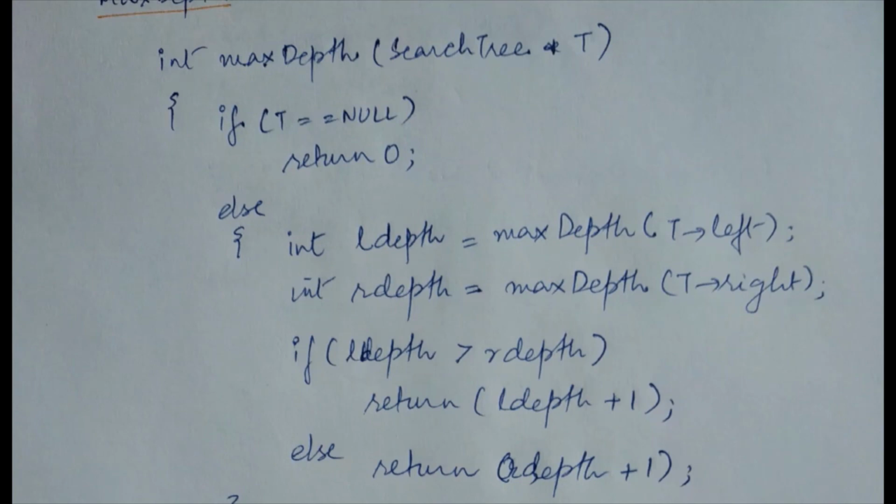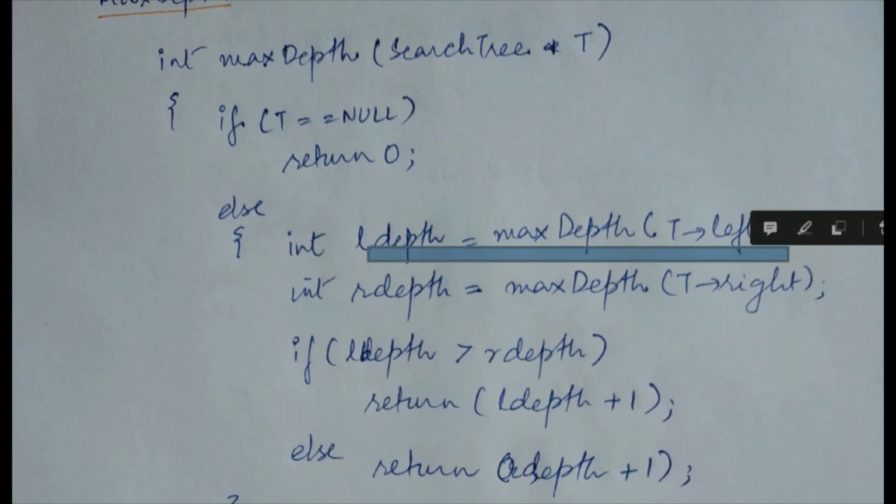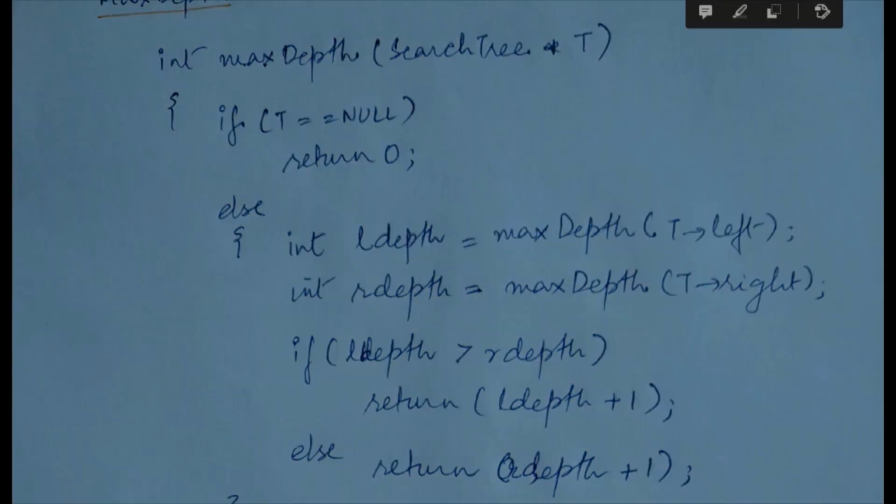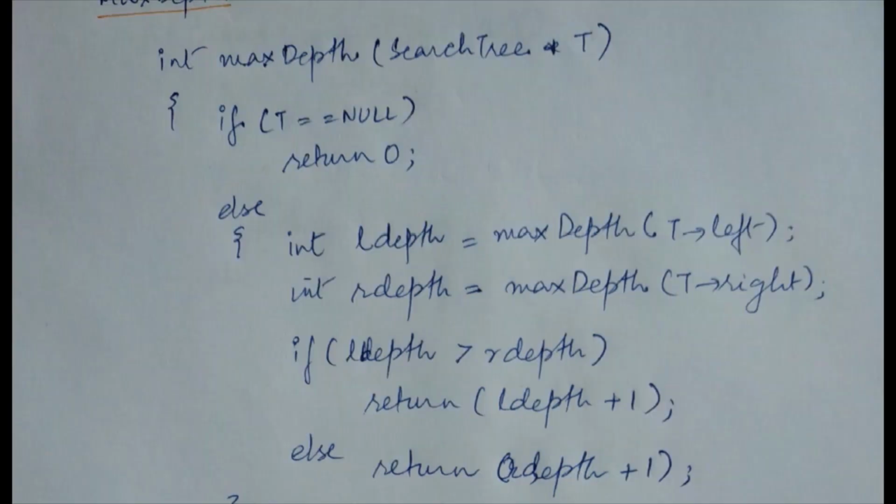So what we do is we call max depth. If t is null, you return 0. If it's not null, the left depth is the depth of the left subtree, and right depth is the depth of the right subtree. Once it returns back, these are again recursive calls.